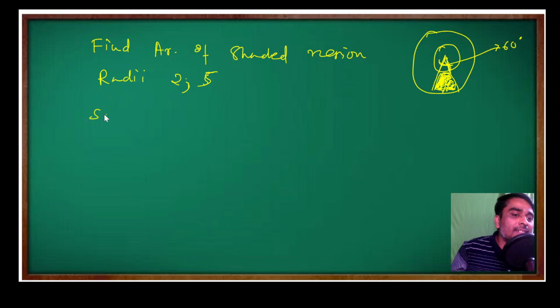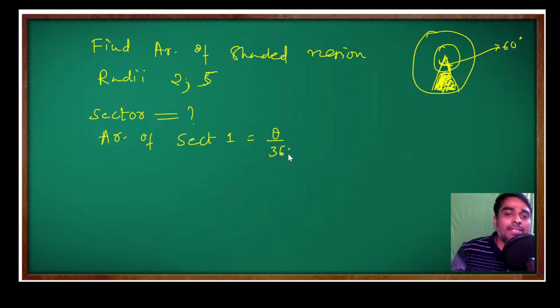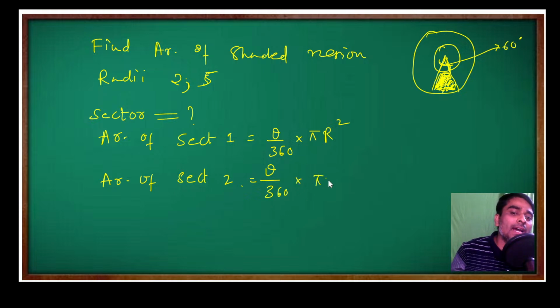So is it not a sector? Sector, right? So area of sector 1 will be theta by 360 into pi r square, the bigger sector I am talking about. Then area of sector 2, which is theta by 360 into pi r square, small.